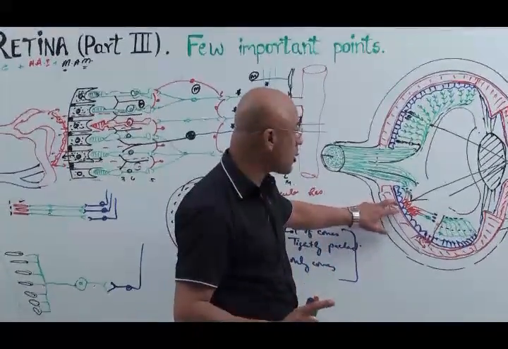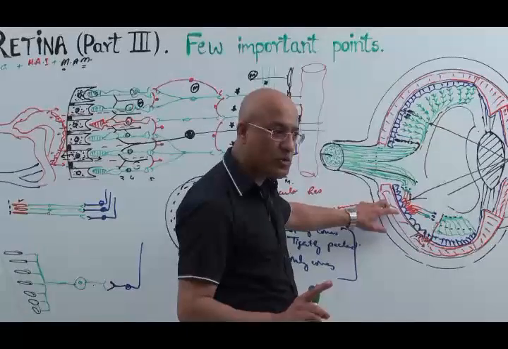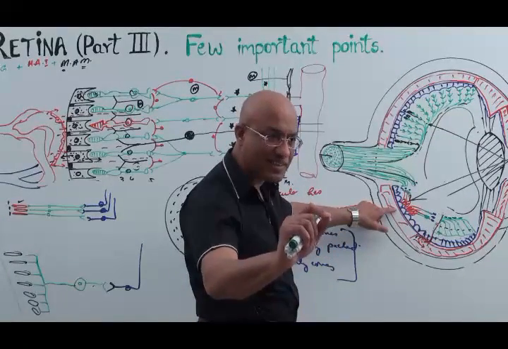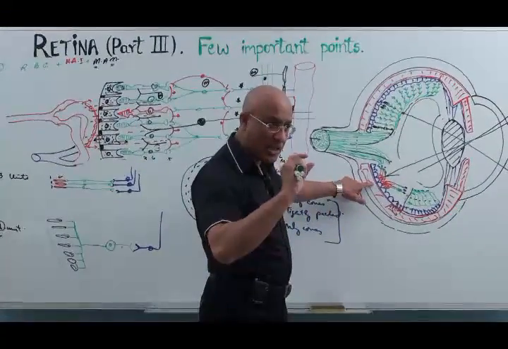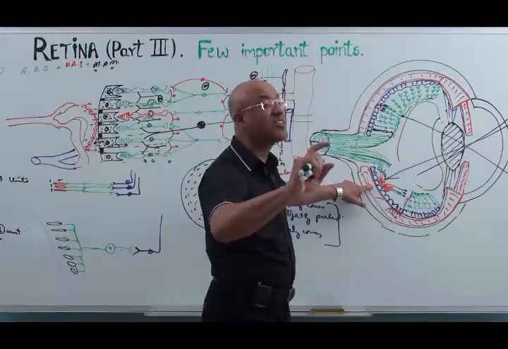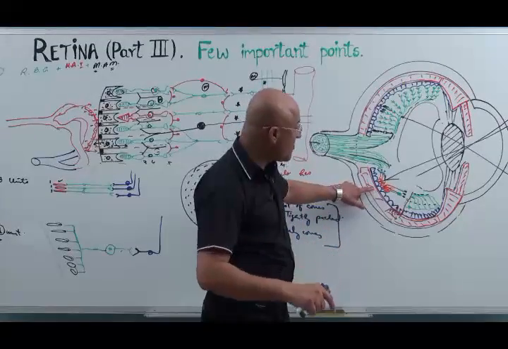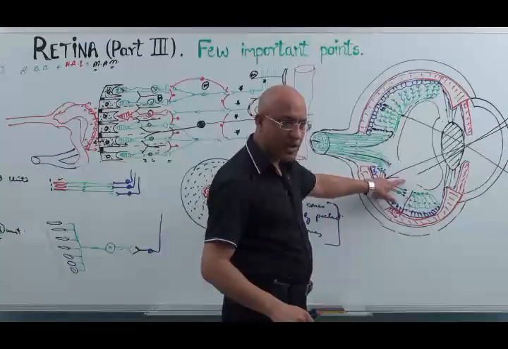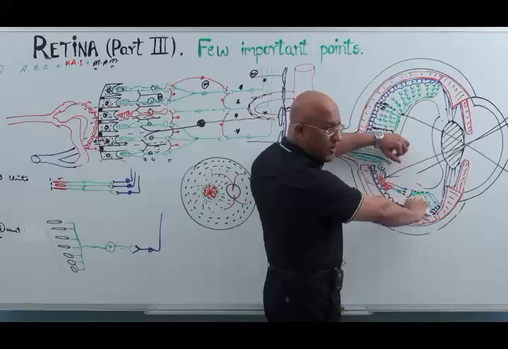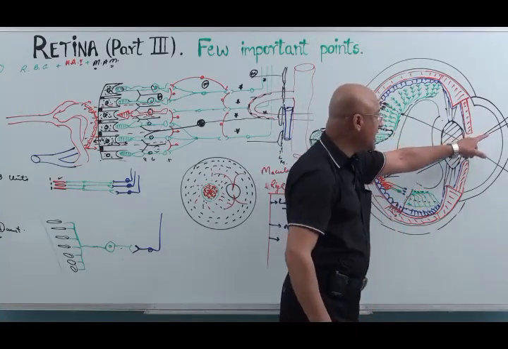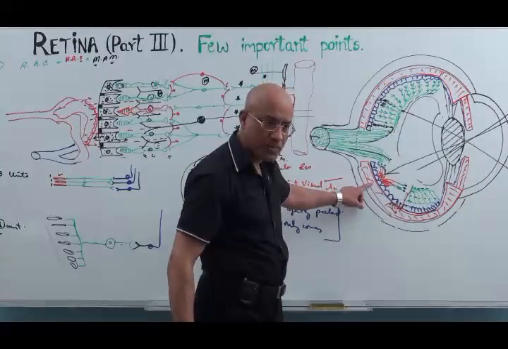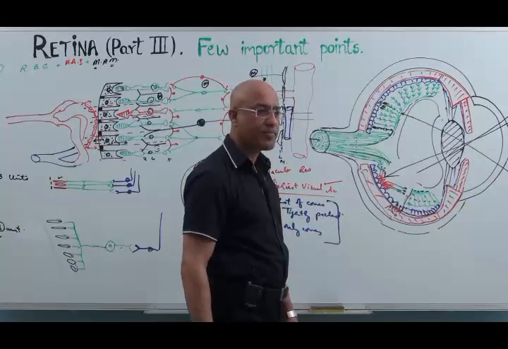One reason, a lot of cones. Two, cones are in one-on-one lines with bipolar and ganglion cells, so a little area takes more signals. Third, the innermost layers of the retina are displaced away from the fovea centralis, so light can directly hit the photoreceptors, the cones. Then there are other reasons.